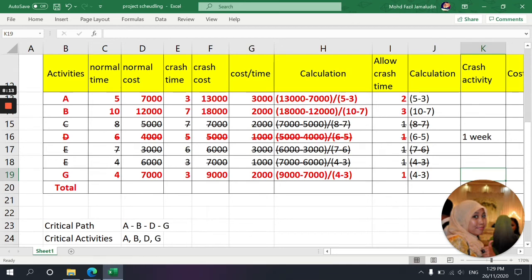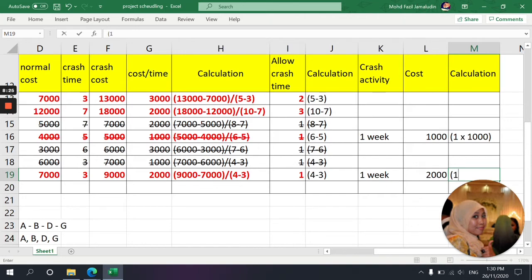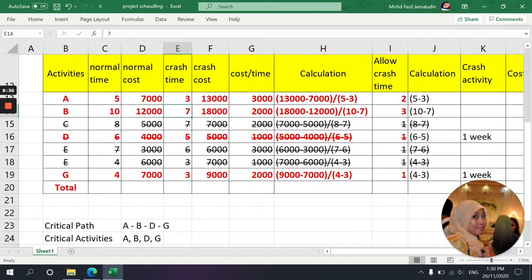Same goes as activity D. 1 week, the activity will crash with the cost of 2,000, and the calculation is 1 week times 2,000. Now you still have 1 week left to crash. Definitely we will take activity B because it has the minimum cost per time compared to activity A. Here the allowable crash time is 3, but we just need 1 week more.